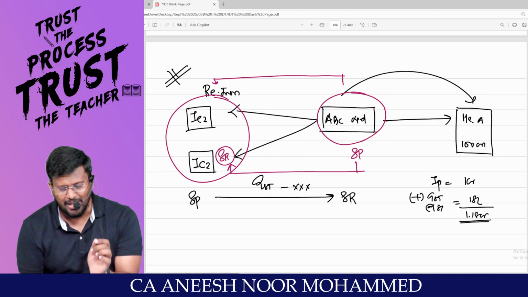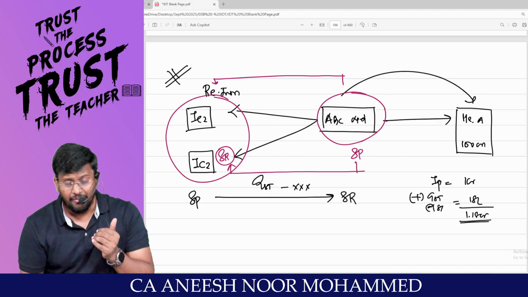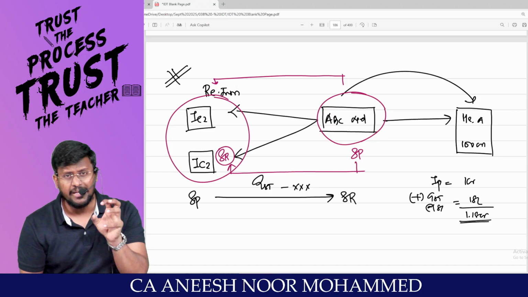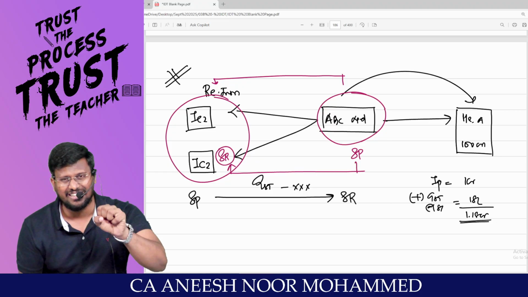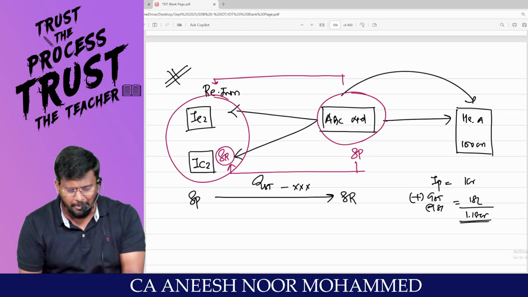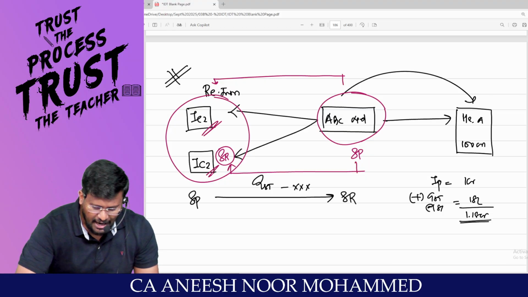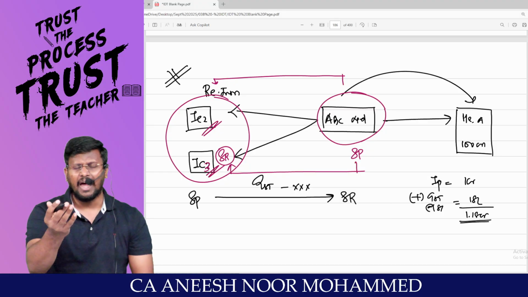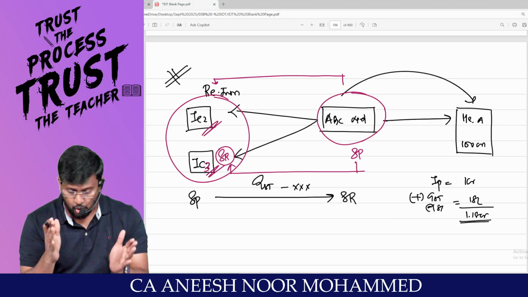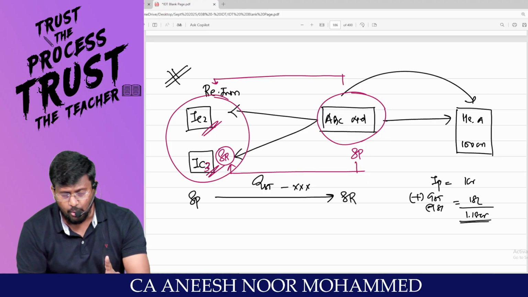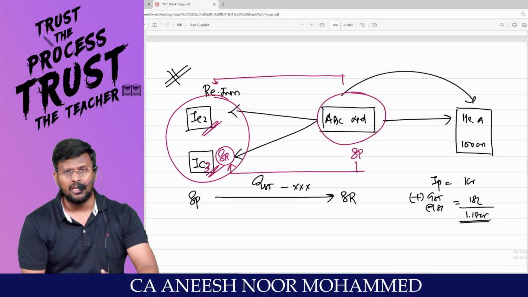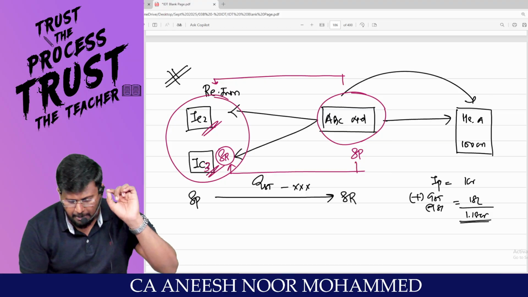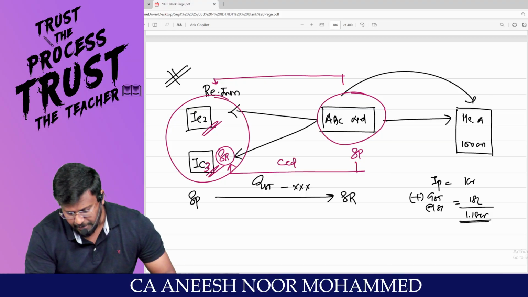What service did they provide? They procured the business. ABC Limited has procured the client. If there were no ABC Limited, insurance company 2 and insurance company 3 would not have got this business. So they are supposed to pay commission. That commission is called a ceding commission.